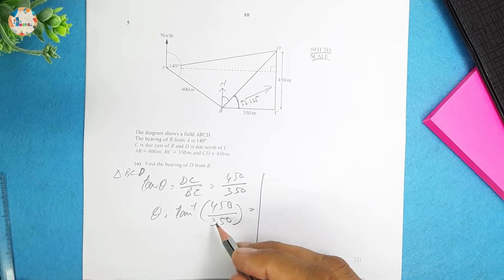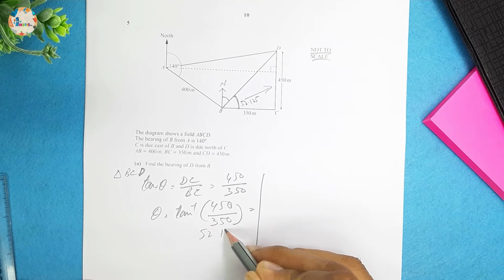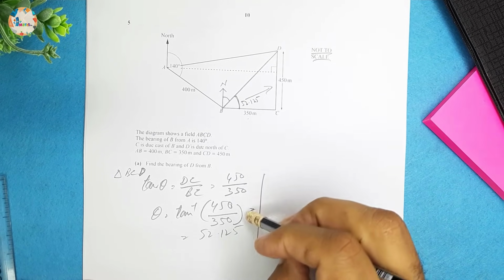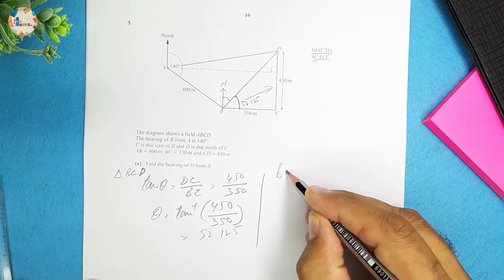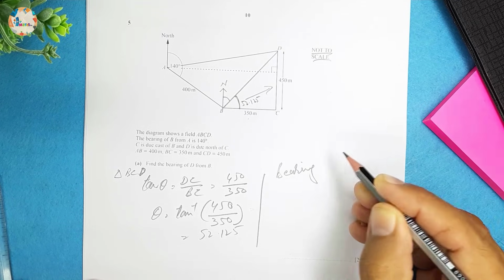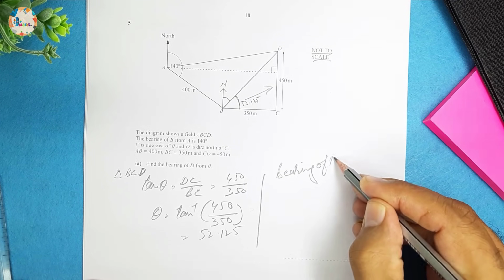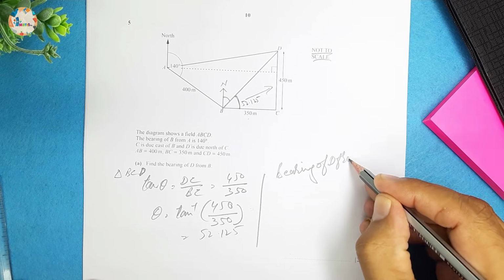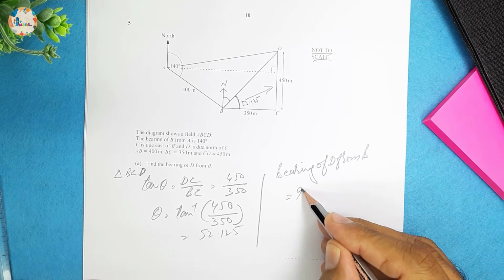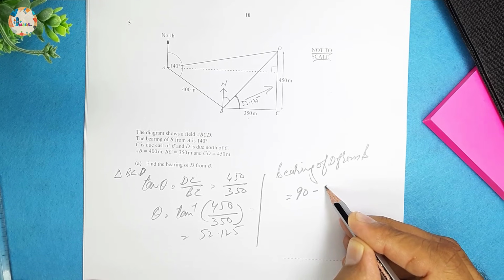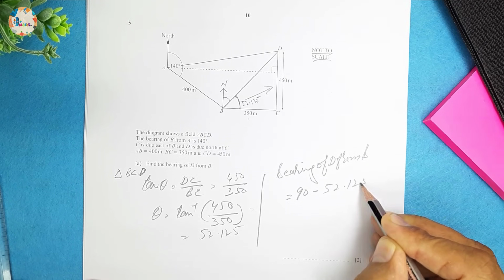The bearing of D from B will be equal to 90 minus 52.125.